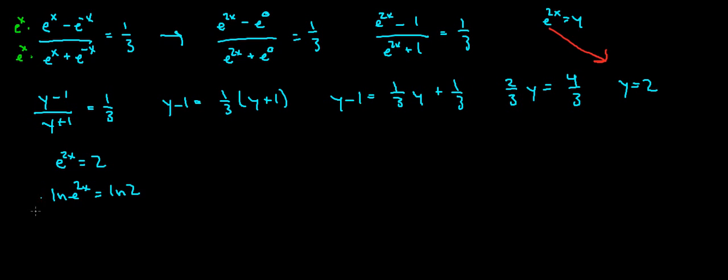Use the power rule, bring the 2x down. And the natural log of base e eliminates itself. So 2x is equal to the natural log of 2.